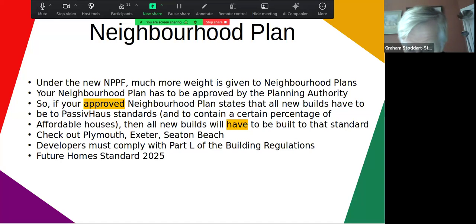Part L of the building regulations was revised a couple of years ago to start moving developers towards what will be the future home standard next year. I don't think the standards have actually been finalized yet for this new future home standard, and I suspect it isn't going to be as high as PassivHaus.